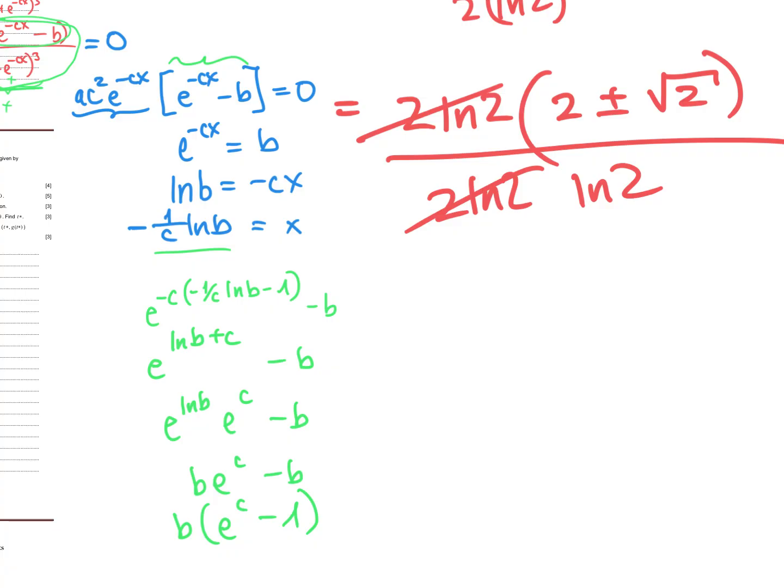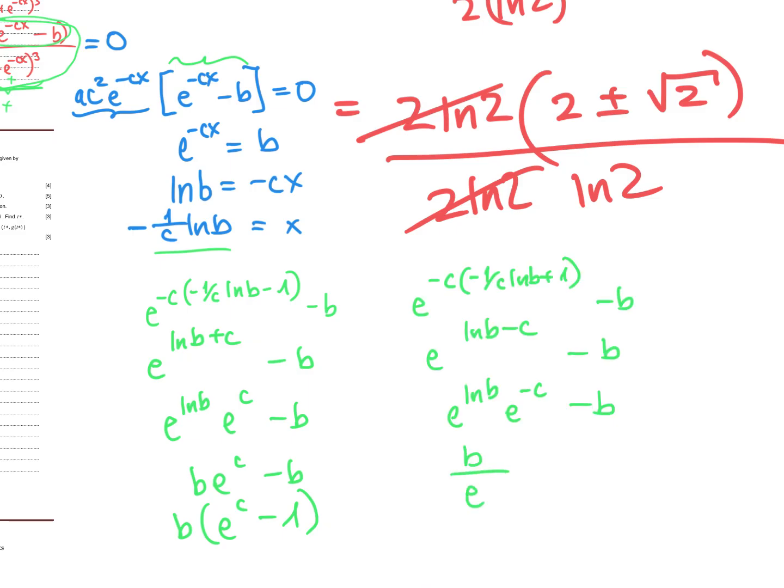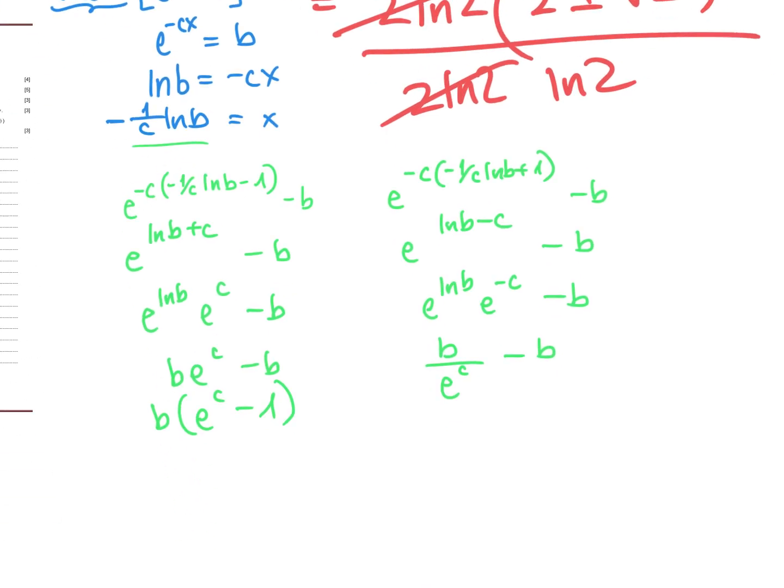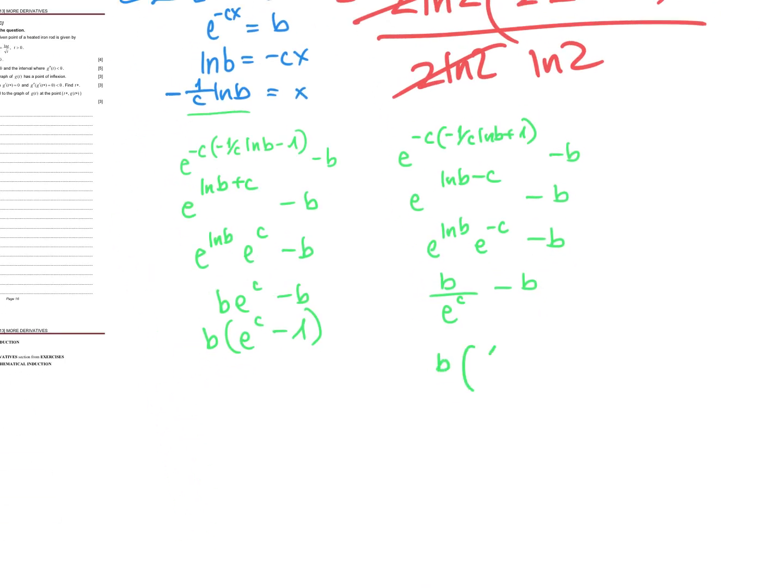On the other side here, we're going to have e to the c, natural log b minus c, then minus b, separating, oh, this is not c rather, sorry. The c's cancel. So separate them like this. This is b over e to the c minus b. And factoring out of b, we're going to have 1 over e to the c minus 1.